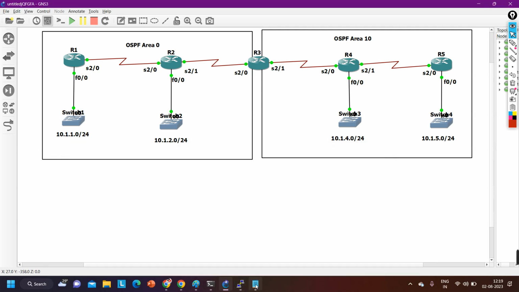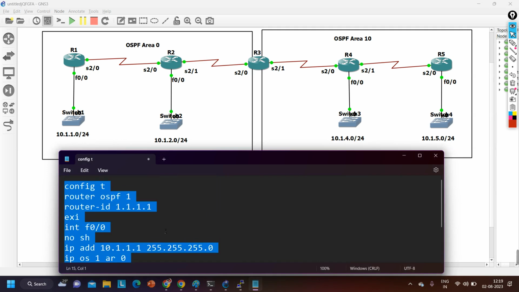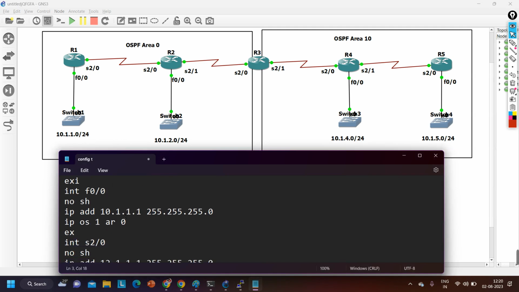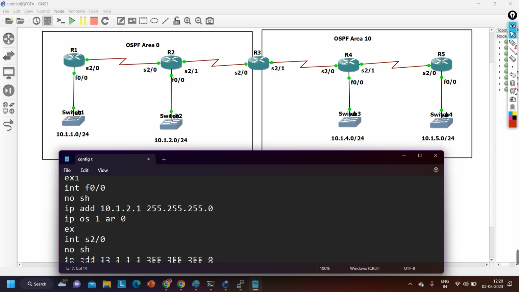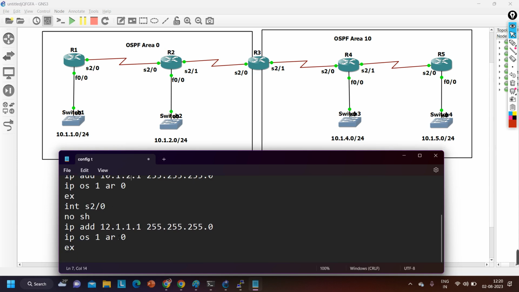Okay. Now let me configure R2. So the router ID of R2 will be 2.2.2.2, and on fast ethernet 0/0 the IP address will be 10.1.2.1, ip ospf 1 area 0. Serial 2/0 IP address will be 12.1.1.2, ip ospf 1 area 0.